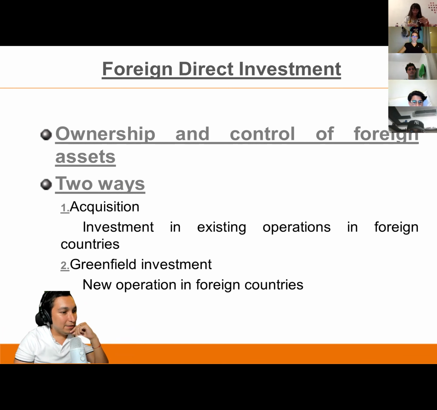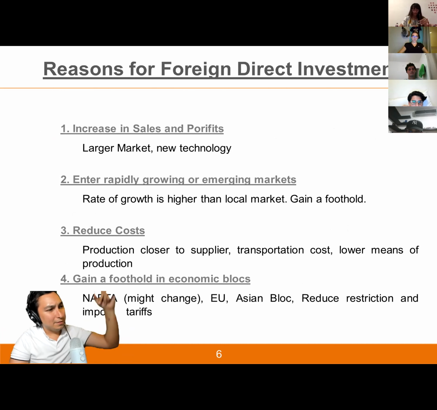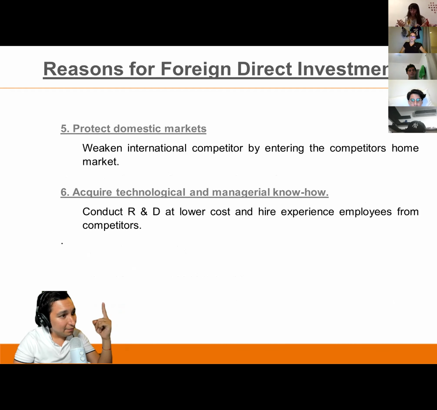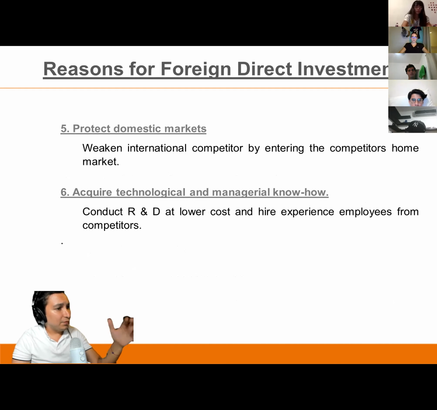Okay, guys, so here are some of the main reasons. Increased sales and profits; enter rapidly growing or emerging markets, which have a growth rate higher than local markets; reduce cost, obviously; gain a foothold in economic blocks, as we just said; protect domestic markets; and acquire technological and managerial know-how.